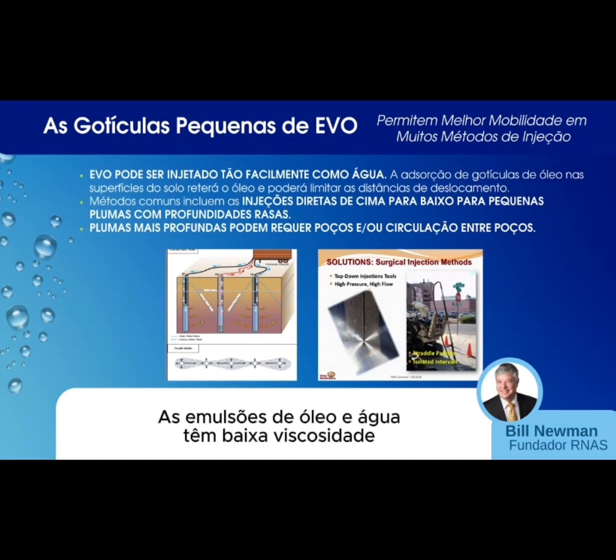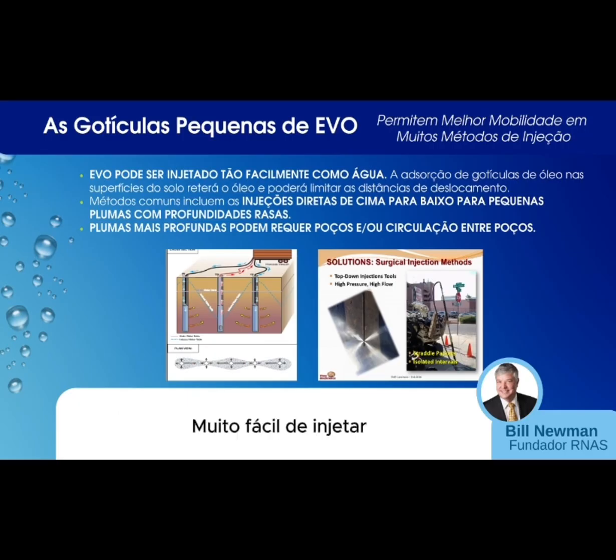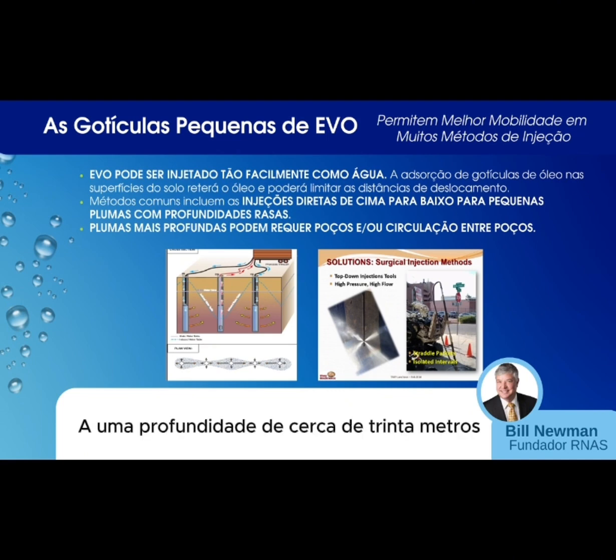The oil and water emulsions have a low viscosity, so that they're a lot like water in terms of viscosity, very easy to inject. We typically inject 1 to 5% oil by weight, and we can use direct push injection tools. I prefer a top-down injection approach. Most direct push injection equipment is limited to a depth of about 30 meters, so we may need to install wells.